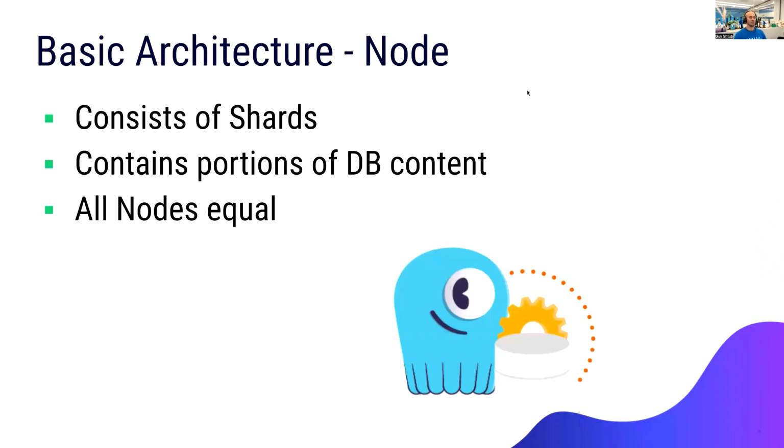Okay, with that, let me move on to the architecture. So I mentioned the idea of a node. A node is basically the database software running on a machine. A node consists of different shards, and each node in ScyllaDB, and the same goes for Apache Cassandra and DynamoDB, as well as other databases, contains a portion of the database content.